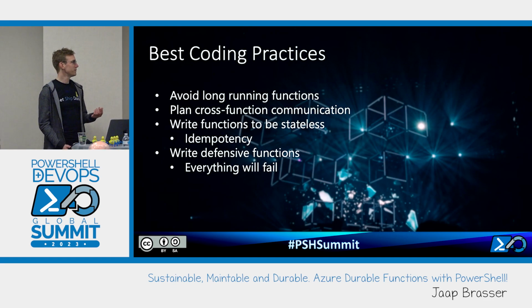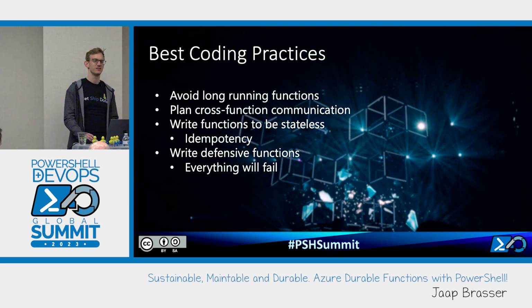And writing defensively ties back to making sure you don't write functions that will break and cause them to fail. The practice there is to make sure that you account for failure, because the only thing that's certain when you're writing any kind of code is that eventually it will fail at some point.